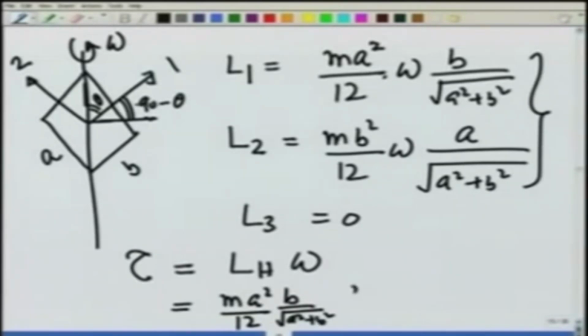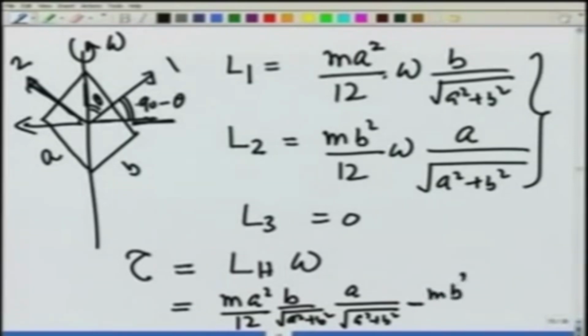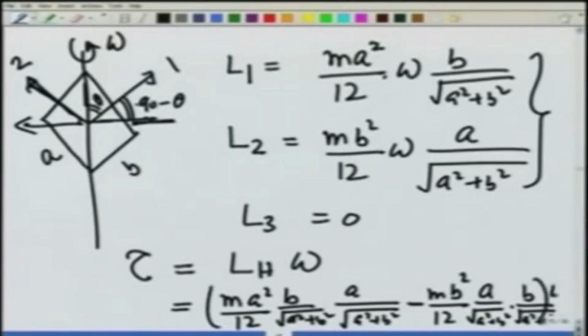Sine of theta is a divided by square root of a square plus b square. That is in this direction. The L2 component would have a horizontal component going in this direction. So, it will be minus m b square over 12 a over square root of a square plus b square times b over square root of a square plus b square times omega.